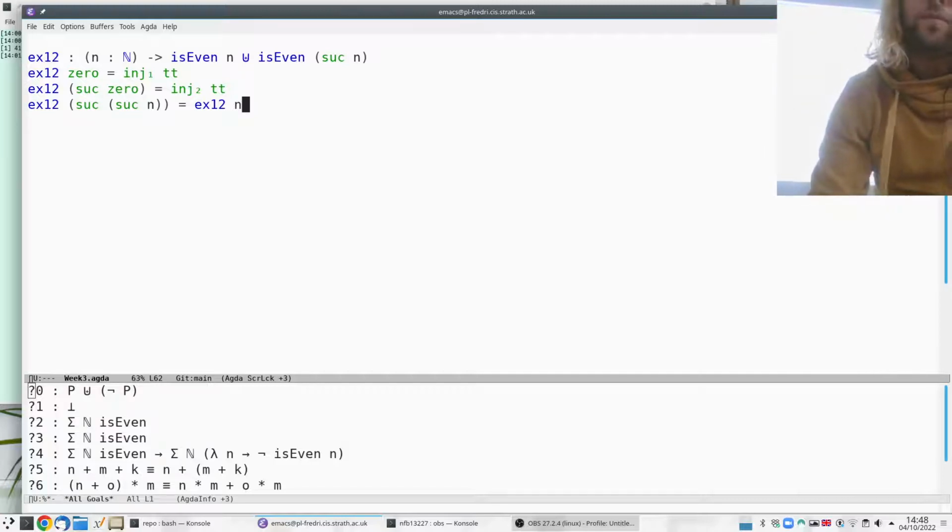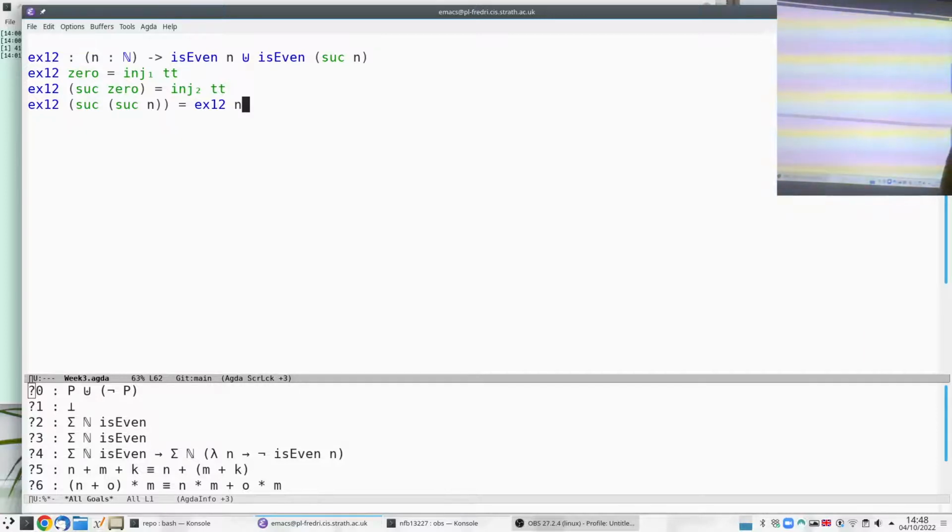So there's a transferable lesson here. What did we do in order to get this proof to work? We looked at the number in such a way as to provoke the definition of is even to compute.